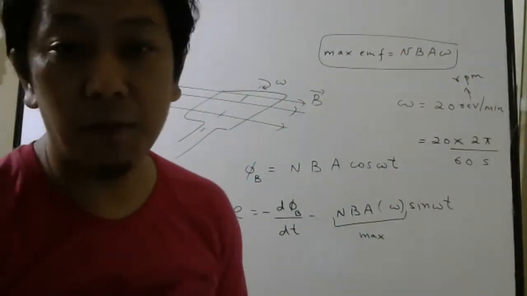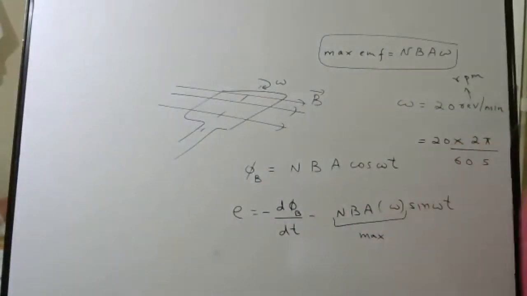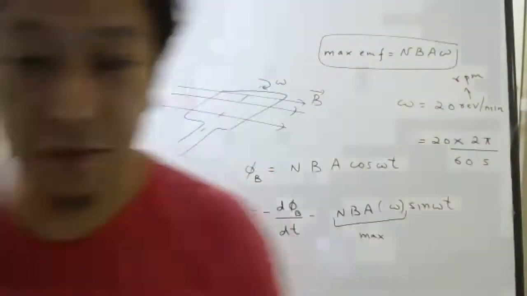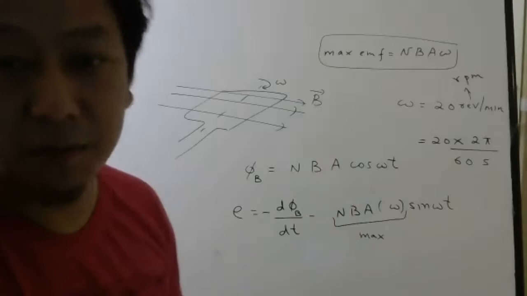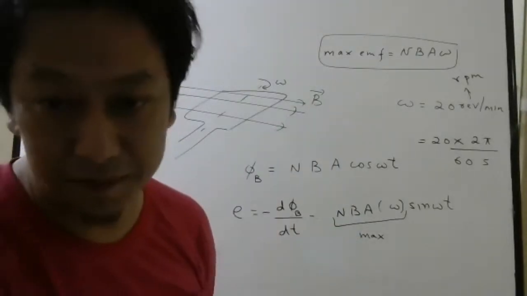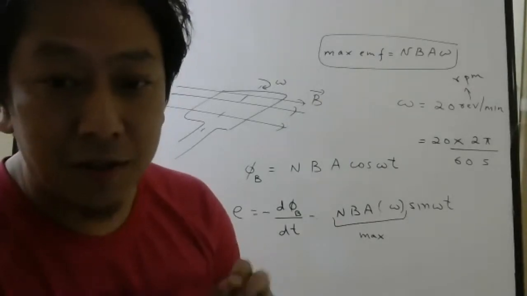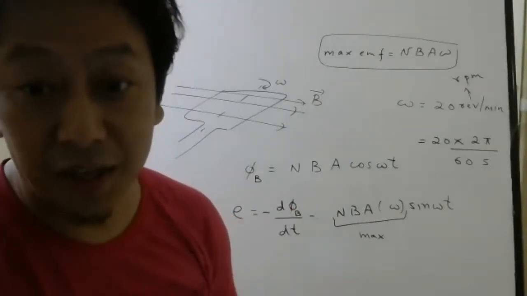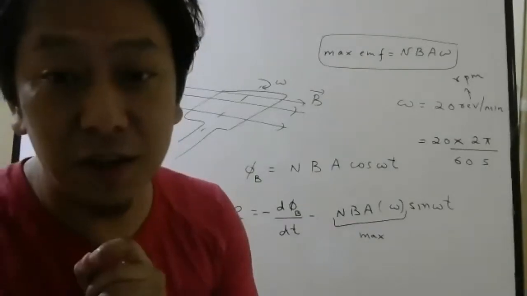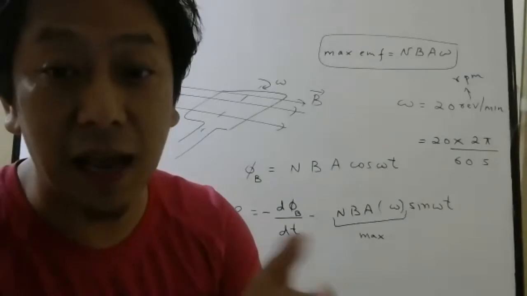In one of the problems, let me increase the brightness. In one of the problems in the board exam, this problem was asked. They asked to calculate EMF, they just told to calculate EMF. So students asked for grace marks because they did not use the word maximum EMF. You cannot simply say calculate EMF.